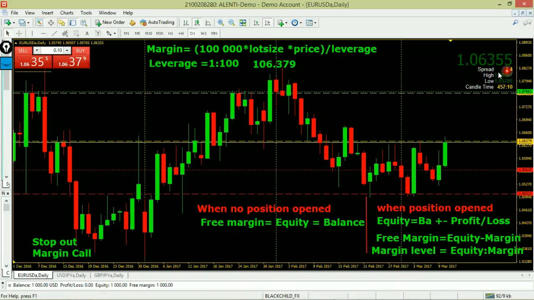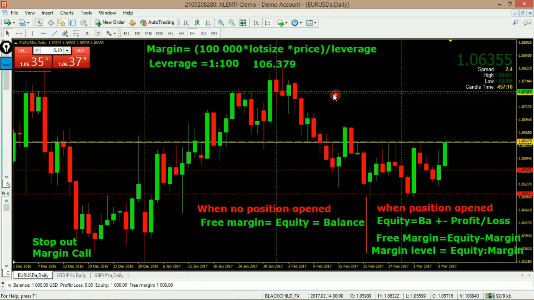So, given that our spread is 2.4 pips, the initial figure which will appear on our profit and loss when we open a transaction will be 2.4 pips times $1. So we'll have a transaction which will initially be at a loss of $2.40. So that's how it works.